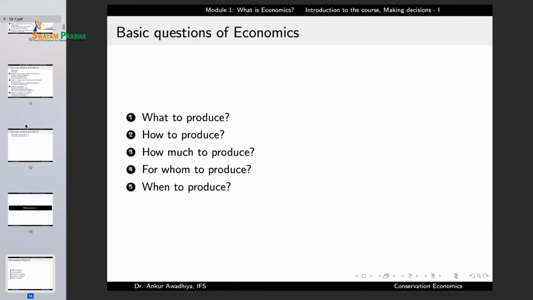Now, the basic questions of economics, like what to produce, how much to produce, for whom to produce, when to produce, are all the same questions that are asked in every household. If we have to purchase food or clothes, whom should we purchase it for?